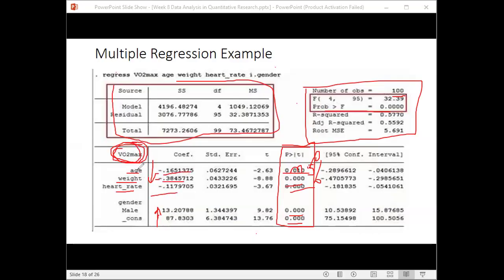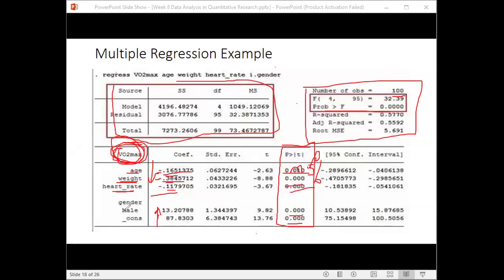Okay, so if age increases by 1 year, assuming you are measuring your age in years, if weight increases by 1 kilogram, assuming you are measuring your weight in kilograms, if your heart rate increases by 1 whatever, that is how you are measuring your heart rate. It is going to reduce the coefficient here by negative so and so. It's going to reduce it by 0.11, 0.38, or 0.16, and so on. That's how you interpret it.